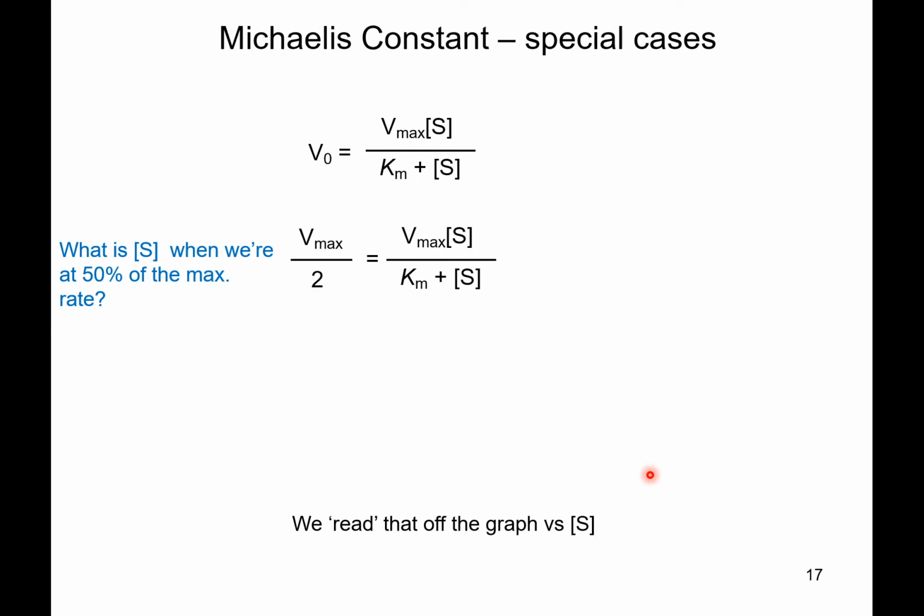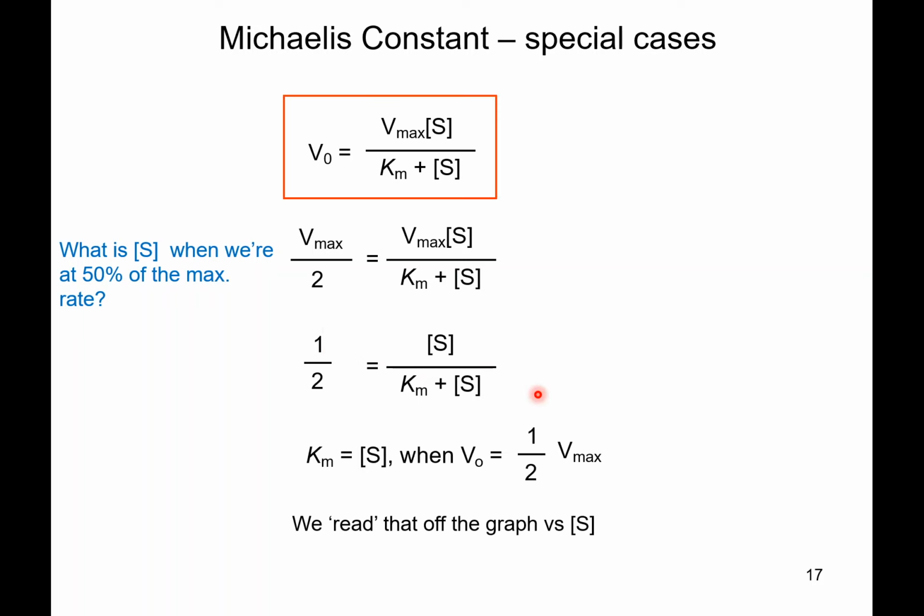We can look at Michaelis-Menten in certain special cases. So here's our Michaelis-Menten equation. What is the substrate concentration when we're at half of the maximum rate? So if we divide by 2, and we read that off the graph of rate versus substrate, what we get is 1/2 equals substrate divided by Km plus substrate.